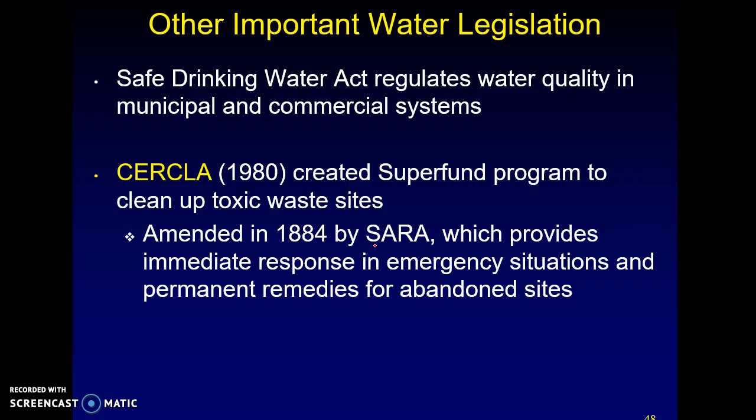They come under CERCLA, they become a Superfund, government puts in some money, and the private company, it is a private-public partnership, so whatever company did the contamination, they have to pay for the cleanup. But when I talked about contamination and cleanup in the solids and solid waste chapters, I talked about the shortcomings of CERCLA. So make sure that when you're writing an essay, you bring in that information.